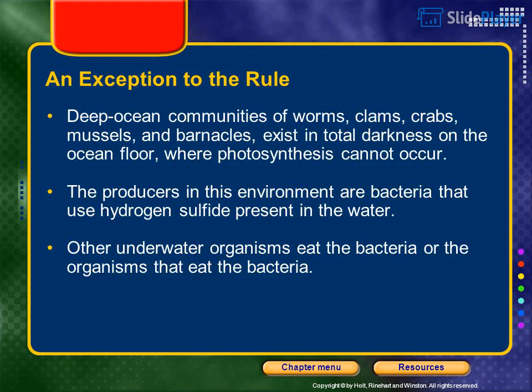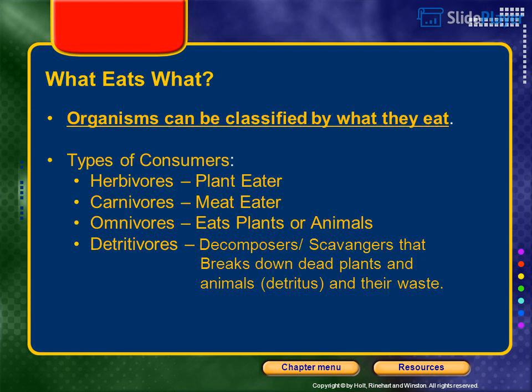An exception to the rule: deep ocean communities of worms, clams, crabs, mussels, and barnacles exist in total darkness on the ocean floor, where photosynthesis cannot occur. The producers in this environment are bacteria that use hydrogen sulfide present in the water. Other underwater organisms eat the bacteria or the organisms that eat the bacteria. What eats what?